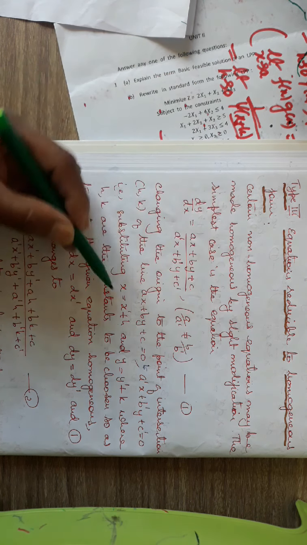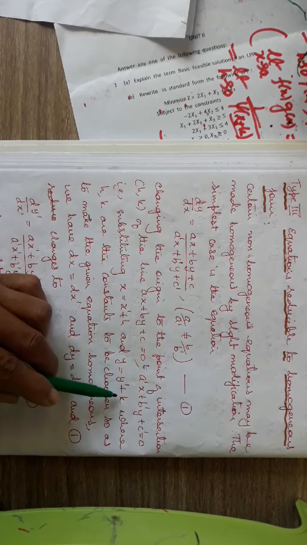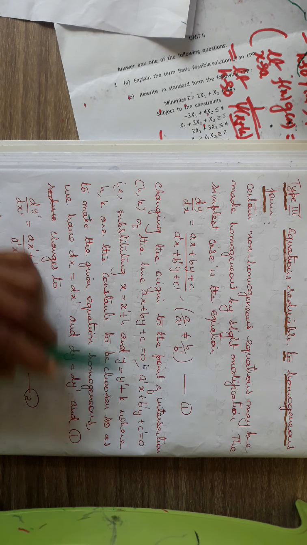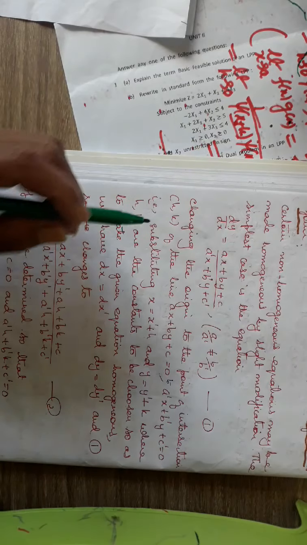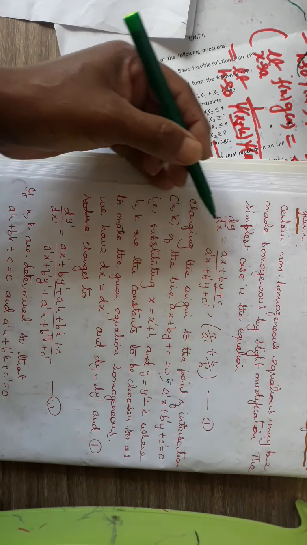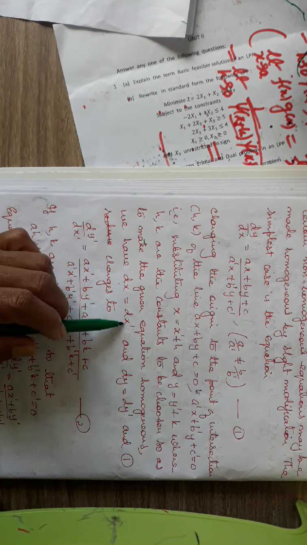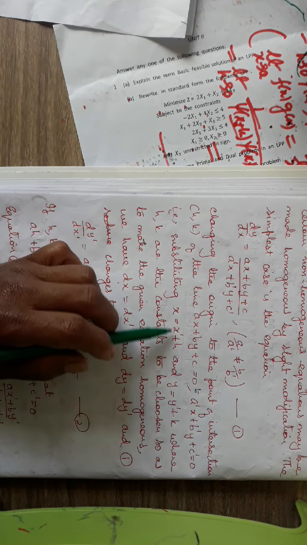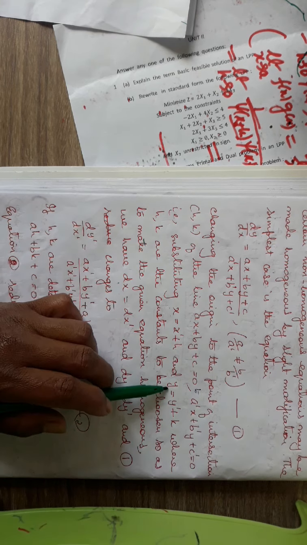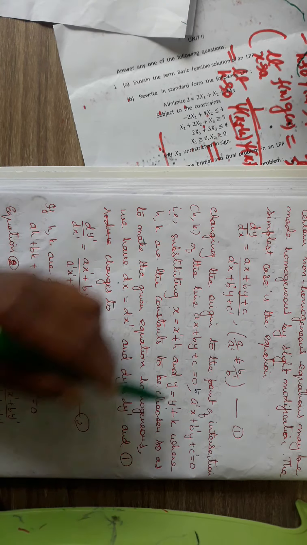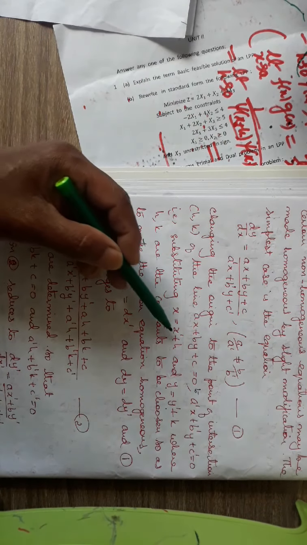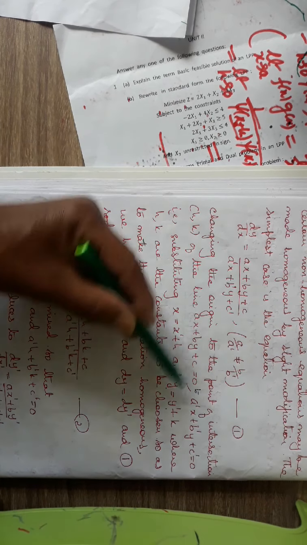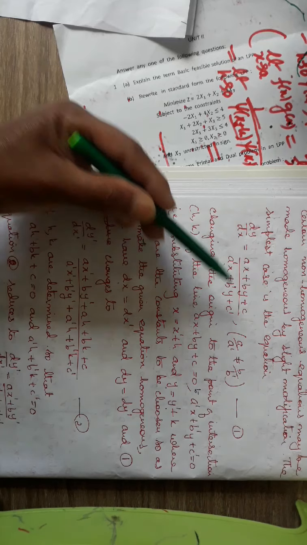You replace x by x prime plus h and y by y prime plus k, where h and k are constants to be chosen such that this equation becomes homogeneous. So to make the equation homogeneous, if you differentiate this, we have dx equal to dx prime, dy equal to dy prime, and equation 1 now changes to: wherever x is there, you replace it by x prime plus h, y by y prime plus k, similarly in the denominator also.